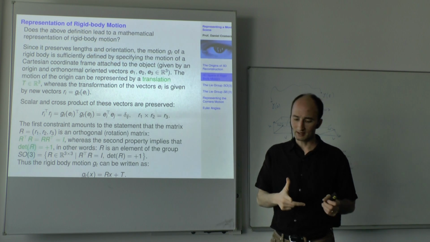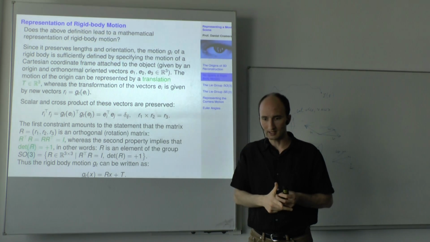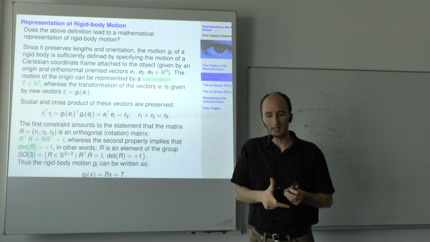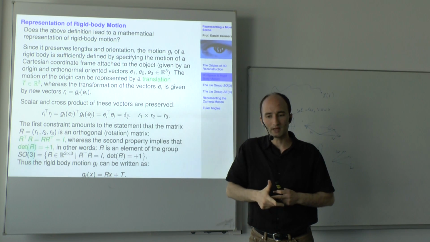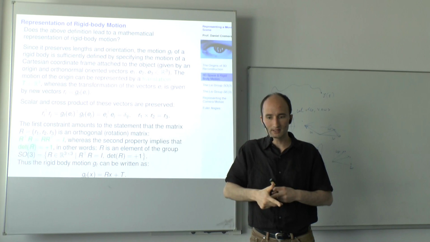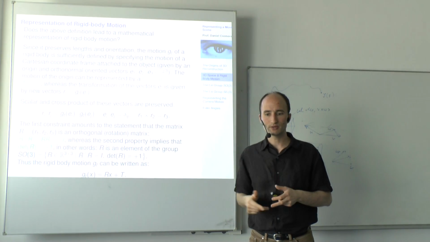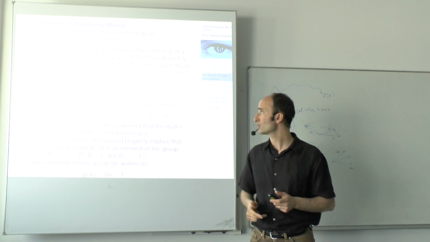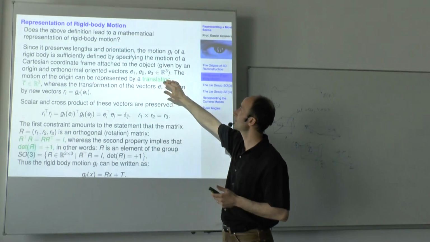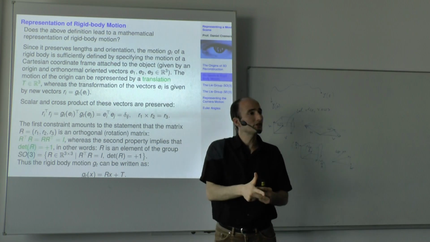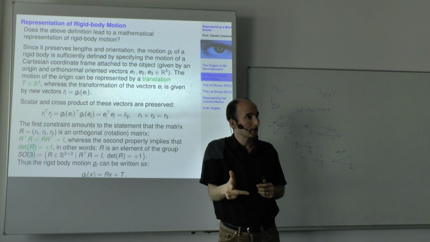Basically, that means if it preserves lengths and cross products, we have to only specify what it does to our basis, that coordinate frame. So we have a coordinate frame consisting of some origin and 3 vectors defining our space.